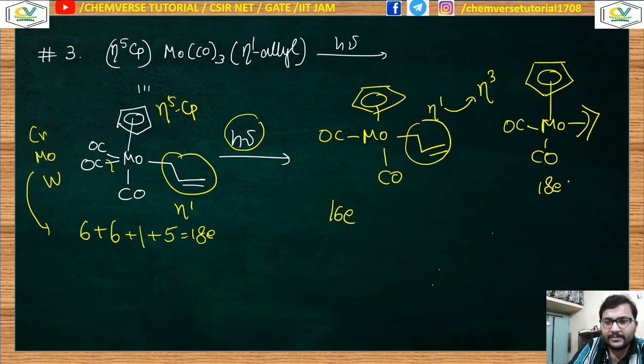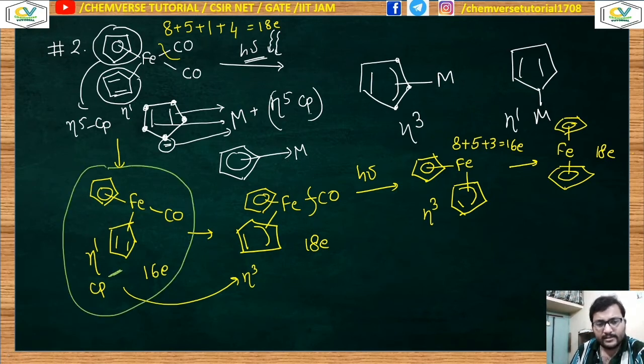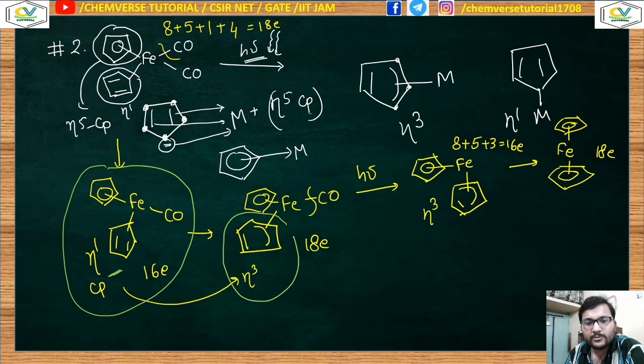What we had seen in the previous example is that after the dissociation of the first ligand, there is a possibility to change the hapticity of the cyclopentadienyl ligand from hapto-1 to hapto-3. And now hapto-3 can also change its hapticity to the hapto-5 system.